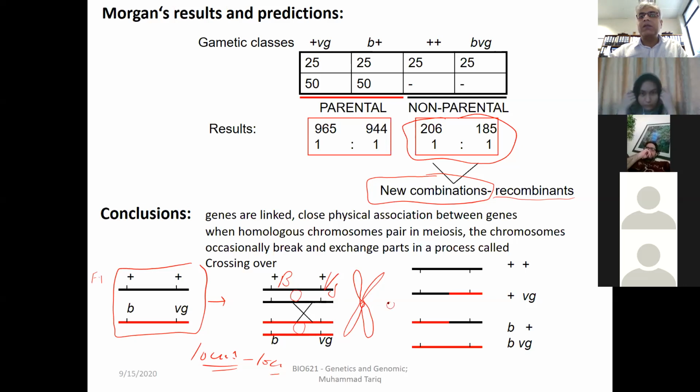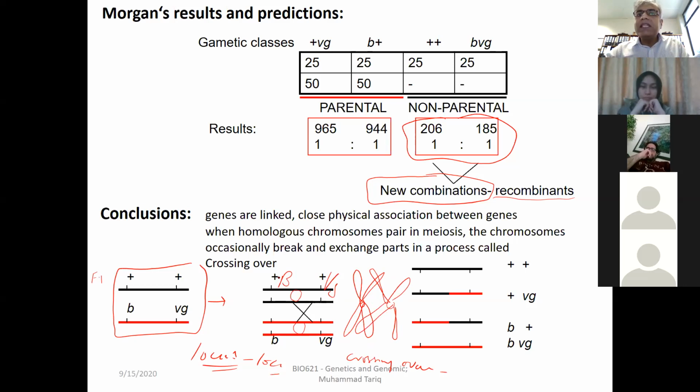I am giving them chromosomal form. This is crossing over taking place during meiosis, and this structure is called chiasmata.